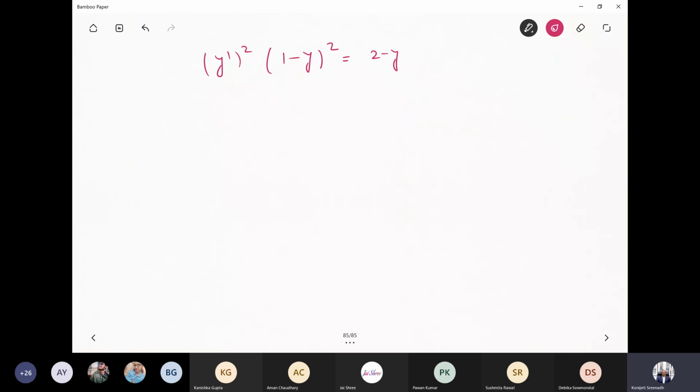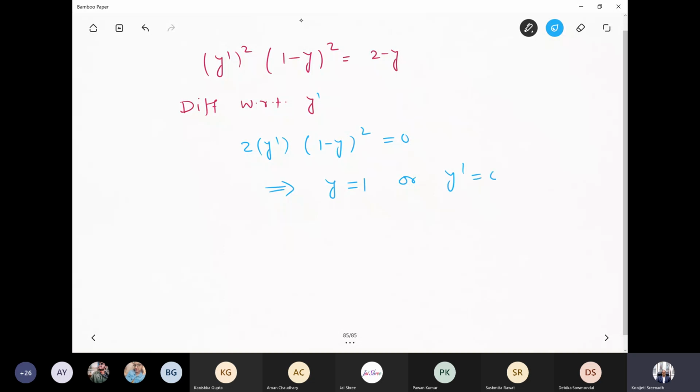When you differentiate this with respect to y prime, we have 2 into y prime into (1 minus y) whole square equals 0. So this implies that y equals 1 or y prime equals 0.